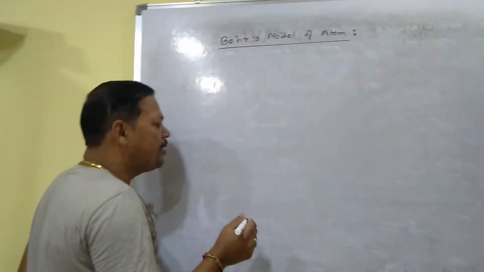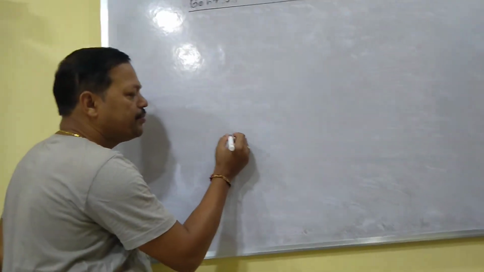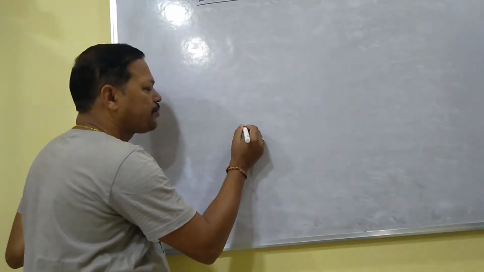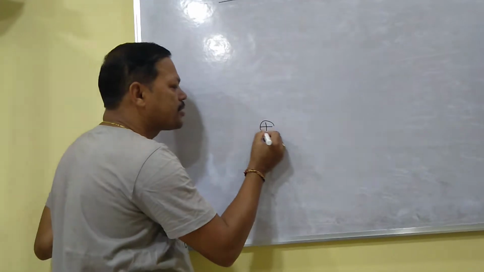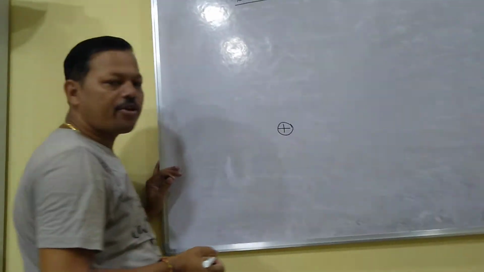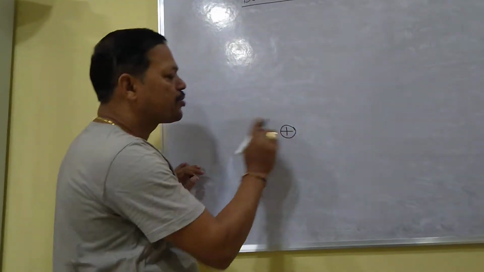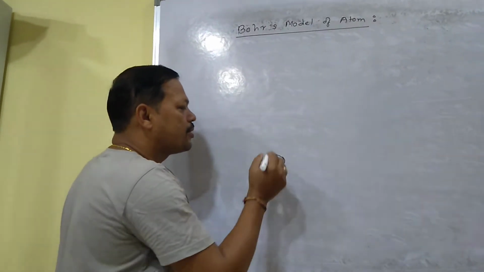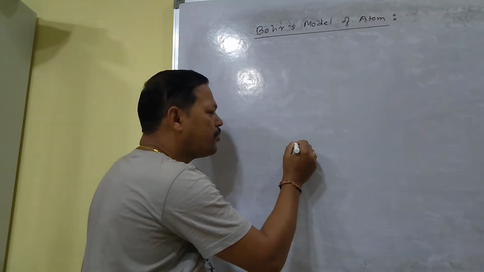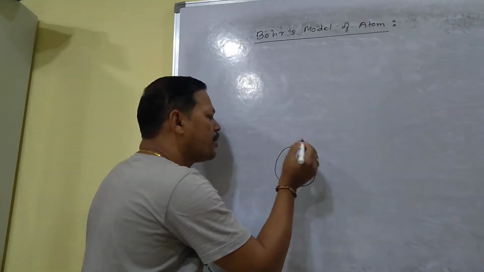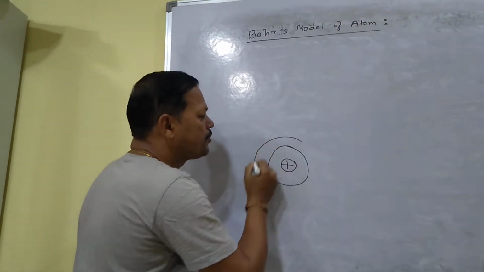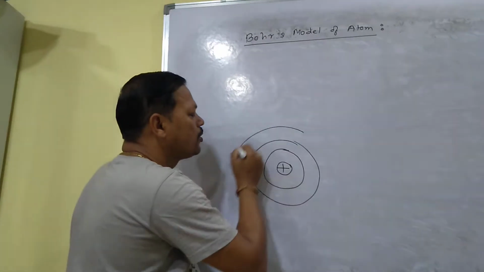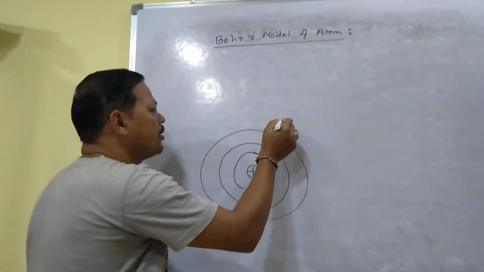According to this model, every atom contains a positively charged species at the center of the atom, which is called the nucleus. And the electrons revolve around the nucleus in certain paths which are called orbits.